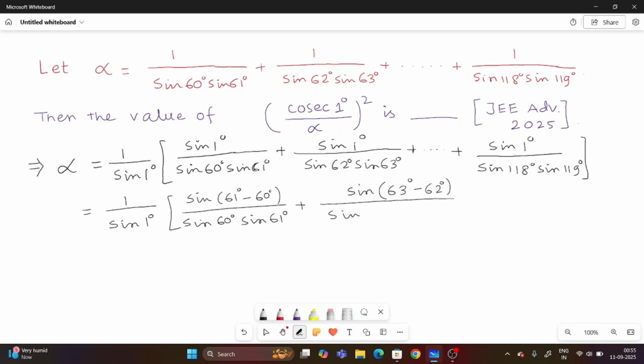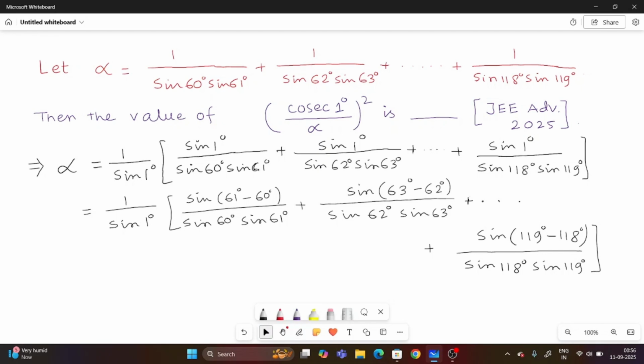So the denominator is sin 62 into sin 63. Continuing, the last term is sin 1 degree written as the difference 119 degree minus 118 degree, divided by the denominator sin 118 into sin 119.